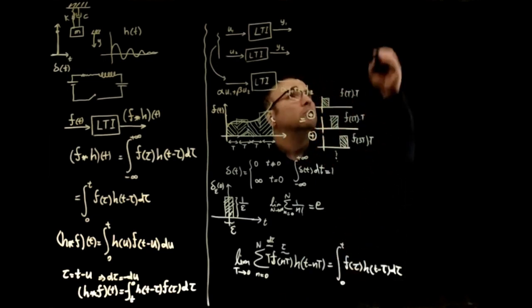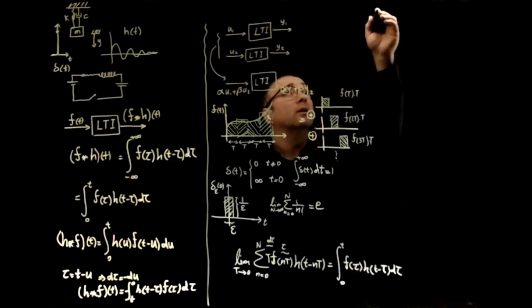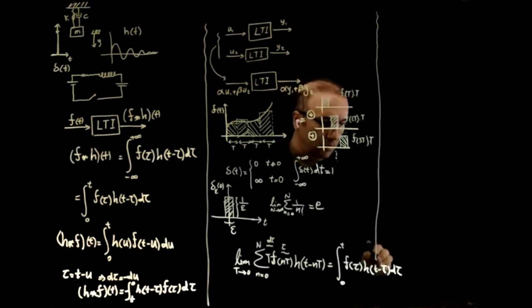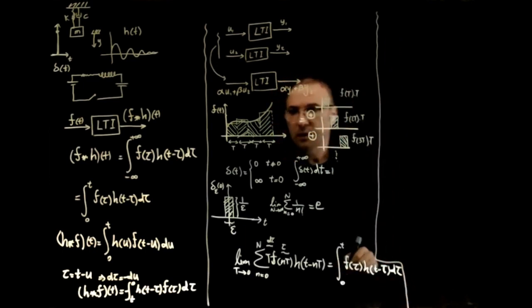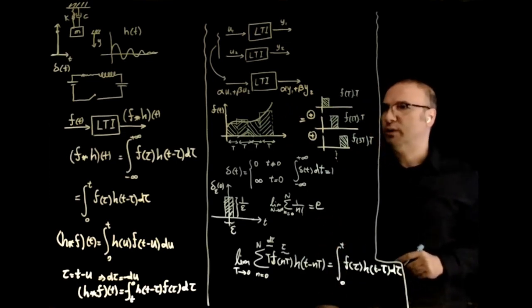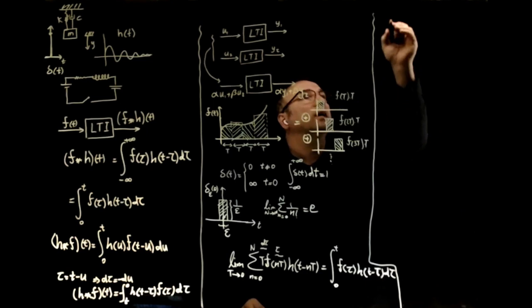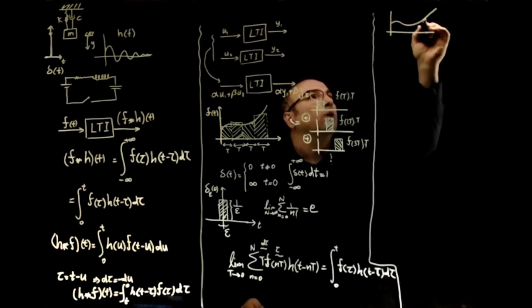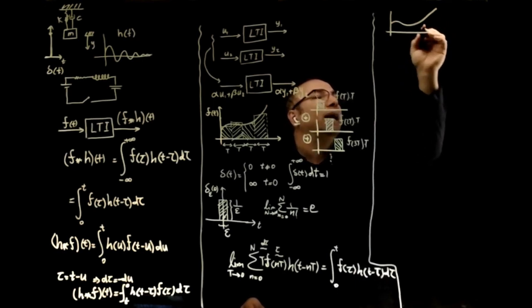All right. So now let's have a better understanding of why we are doing this. Let's say my input function f would be something like this. And I want to consider the response all the way to the 8th second only.